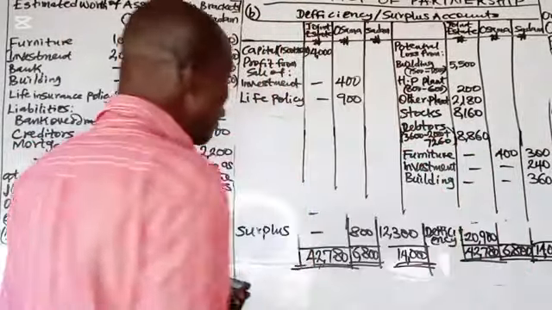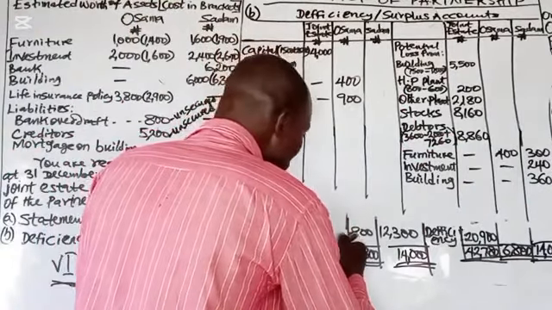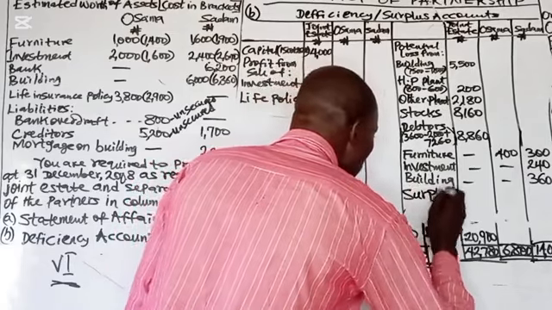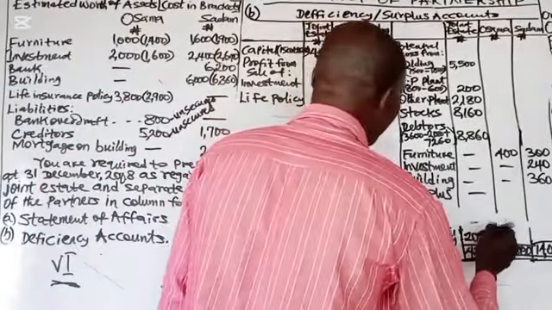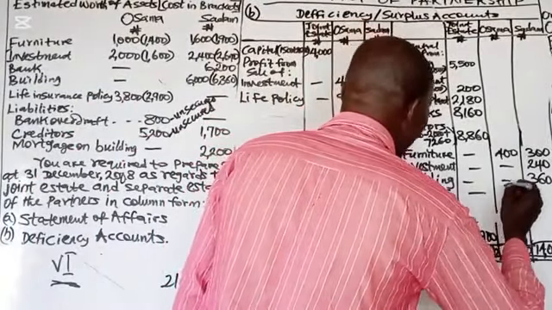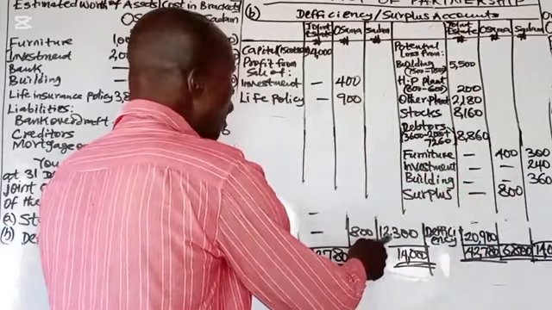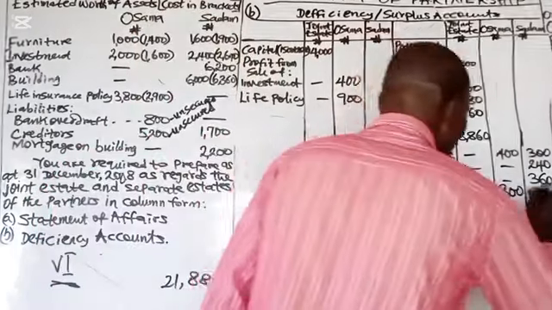From our statement of affairs, we had a surplus of 800 under Osama. Then for Saddam, we had 12,300.